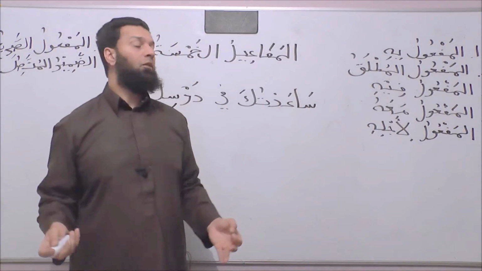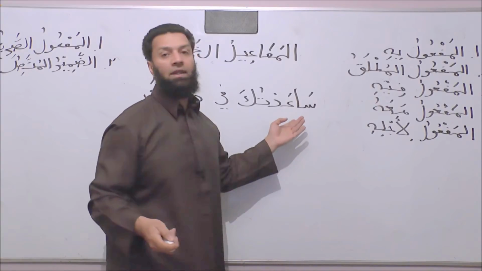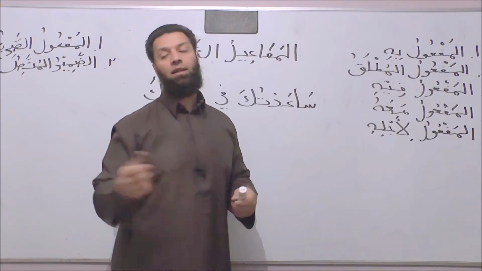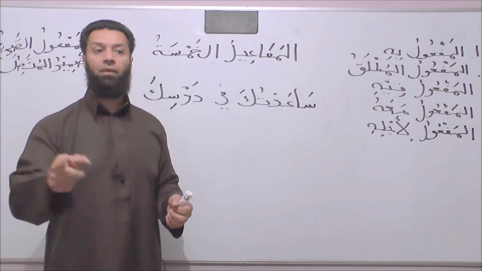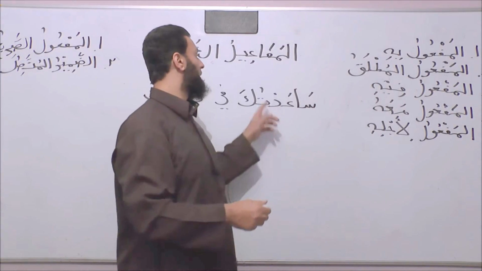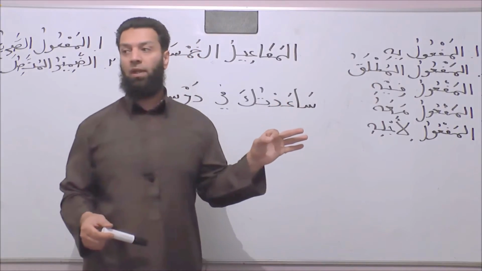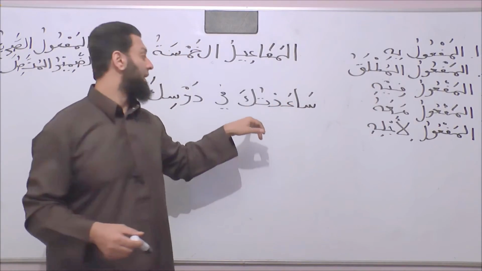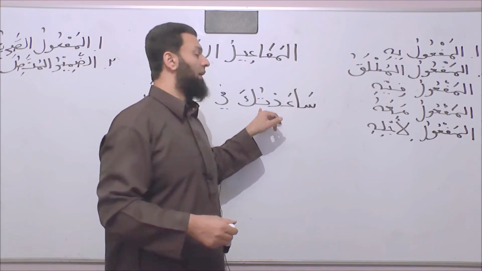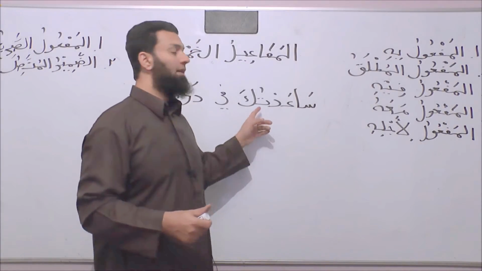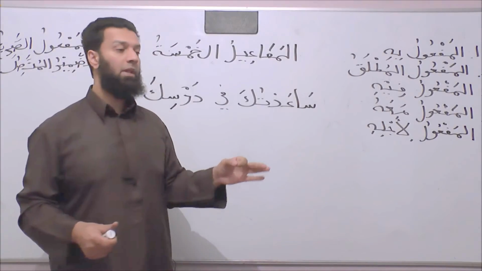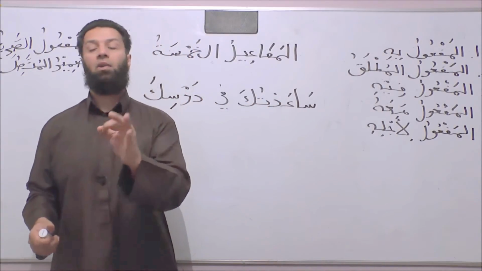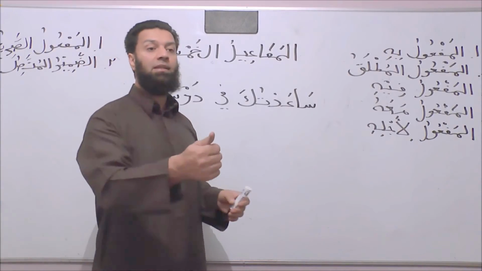If we're therefore to perform al-i'rab of this sentence, what would we say? We would say that ساعد is فعل ماض. It is مبني على السكون. We know that. Why? لاتصال, because it is connected to التاء هنا. And the تاء here is ضمير متصل. It is مبني على الضم في محل رفع. Why? Because it is a فاعل.